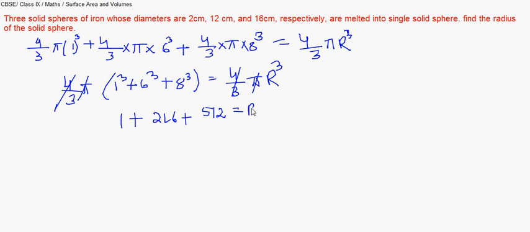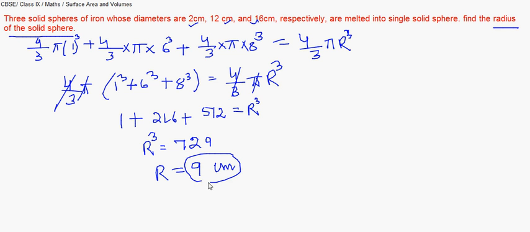This is equivalent to R cube. So R cube is equivalent to 729, and if we find the cube root of 729, we can see that the radius becomes 9 centimeter. So the radius of the solid sphere which is formed by melting these three small spheres is 9 centimeter. Hope you followed it. Thank you.